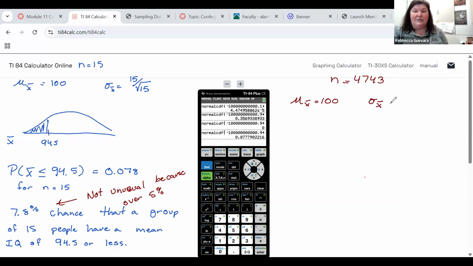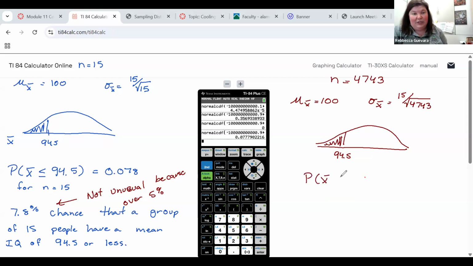The standard deviation of samples of this size should be 15 divided by the square root of 4,743. We're still looking at the probability that the mean, not somebody's IQ, but the mean of a group, is under 94.5.